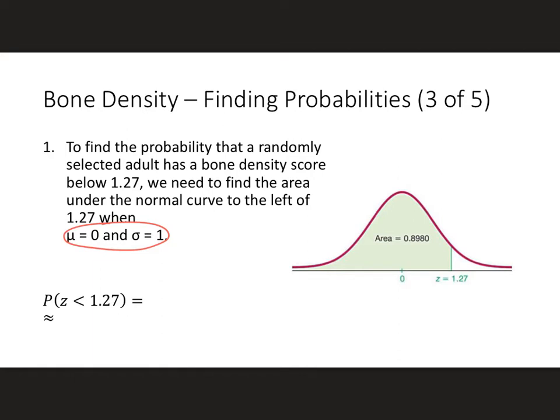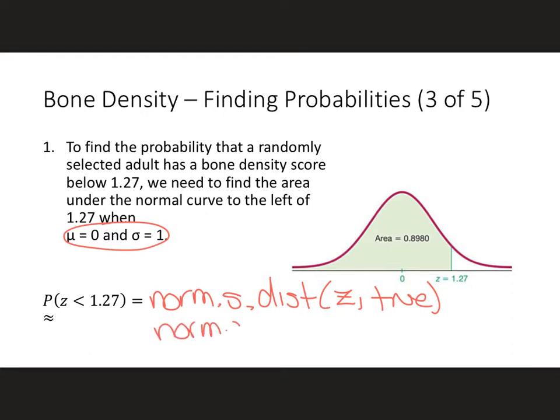So you could just use that and you would enter norm.s.dist, your z, and then true. In this case, it would be norm.s.dist, parentheses, 1.27, comma, true. And when you put that into Excel, you should get approximately 0.8980.